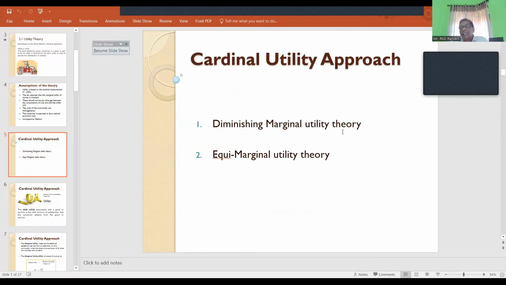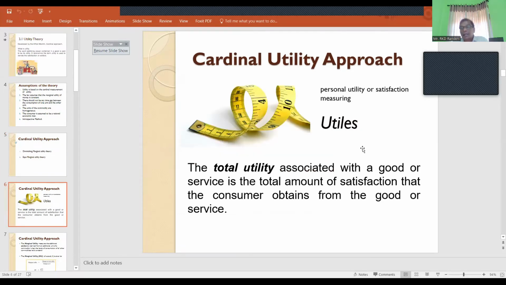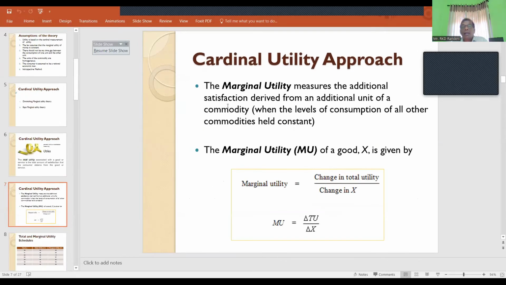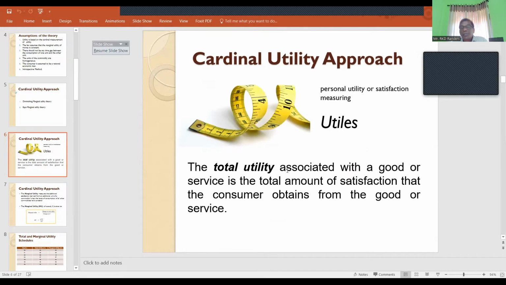Diminishing marginal utility theory. Here there are two concepts: total utility, and marginal utility. You have to realize what is total utility, and then how to calculate these things. Total utility associated with a good or service is the total amount of satisfaction that the consumer obtains from the good or service.